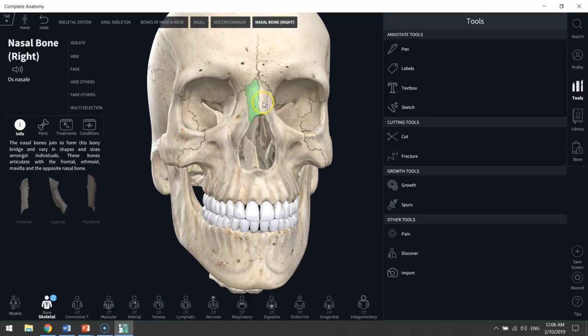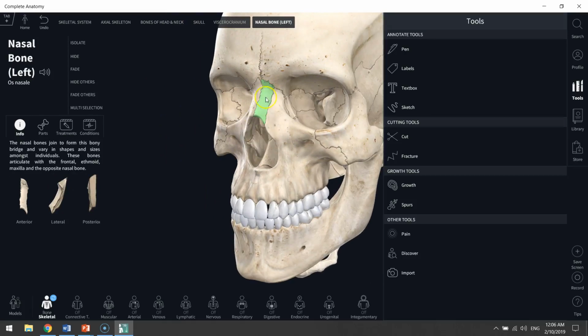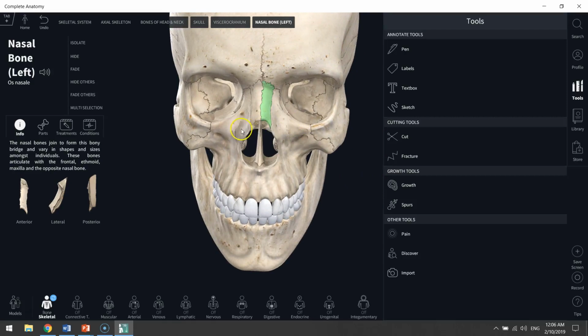The nasal bones, two paired rectangular bones, form the nasal bridge. They articulate superiorly with the frontal bone and laterally with the maxillary bones.